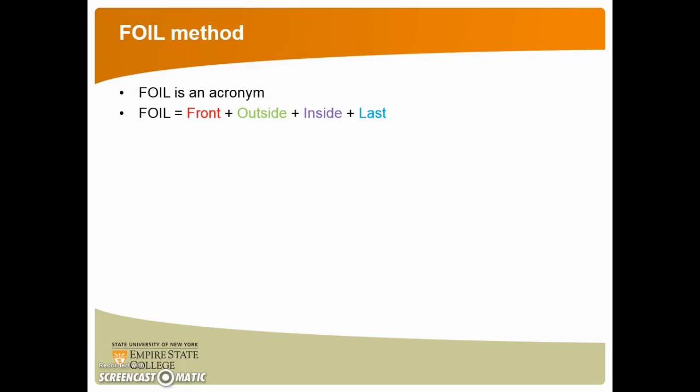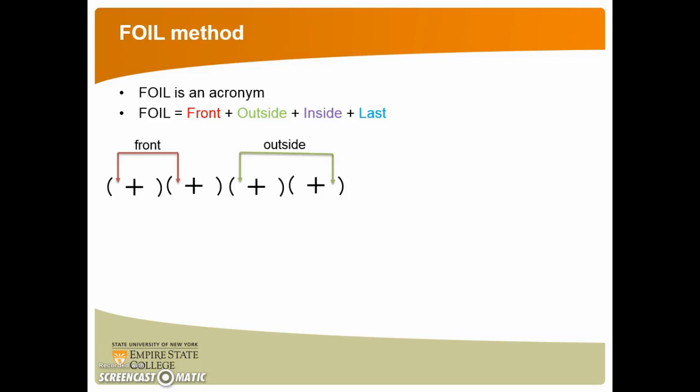FOIL is an acronym that stands for front, outside, inside, and last. This method suggests we multiply the entries in relative positions in the two binomials and then add the results. Let's look at each of these relative positions. The fronts, or firsts, are the items that are listed first in each set of parentheses.